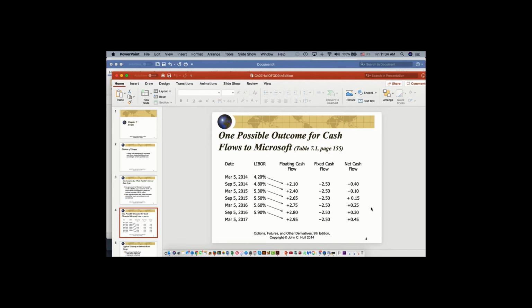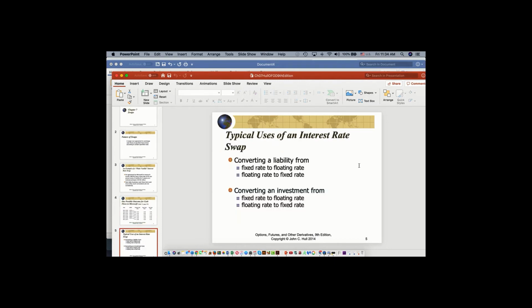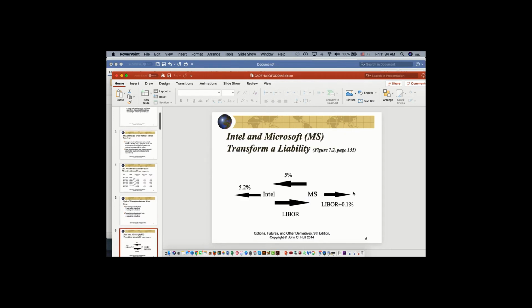And then it is always paid in net terms multiplied by the notional principal of the swap. So go through these plain vanilla swaps in your book. Basically, what I'm saying is know the standard one and be able to solve a problem along that line.